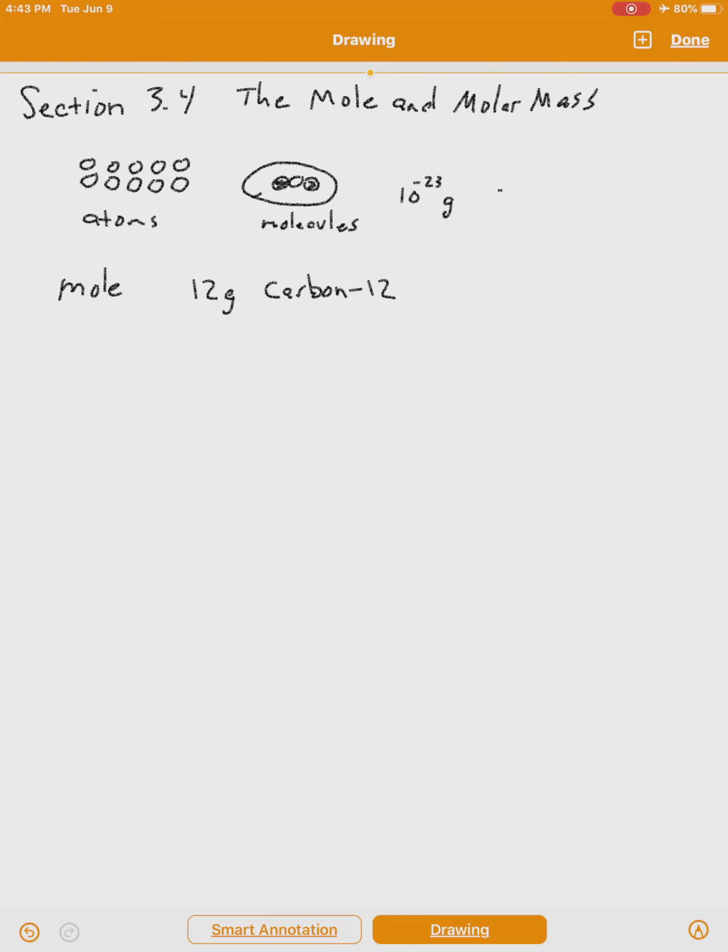Now carbon 12 is an isotope of carbon. This is an isotope of carbon that has 6 protons, because it's carbon, and 6 neutrons. Obviously, it also has 6 electrons. That's a specific isotope of carbon. If you have a mass of 12 grams, we will define that as 1 mole.